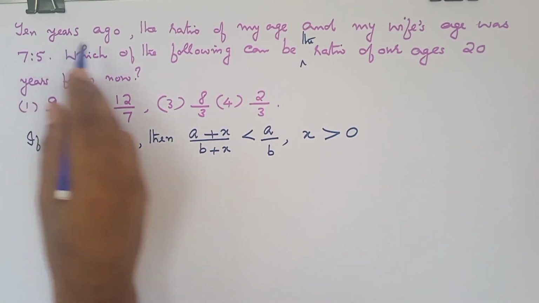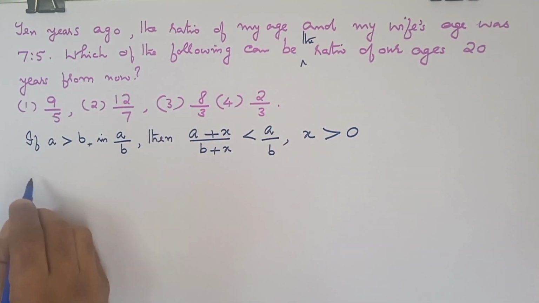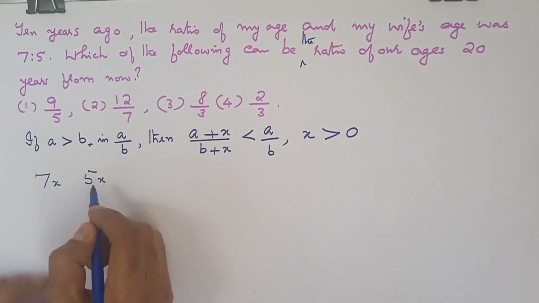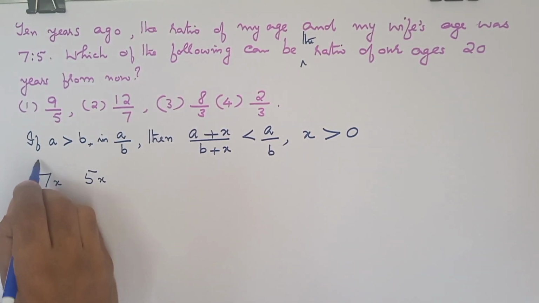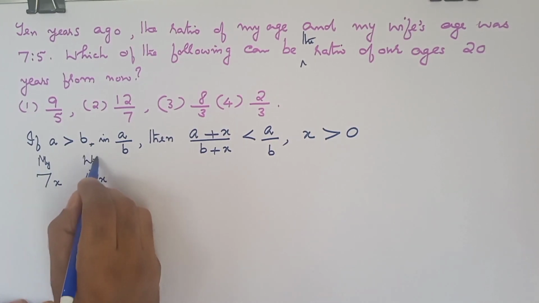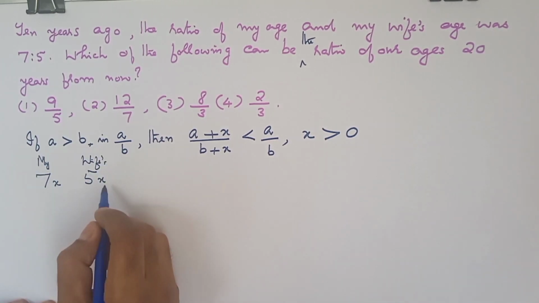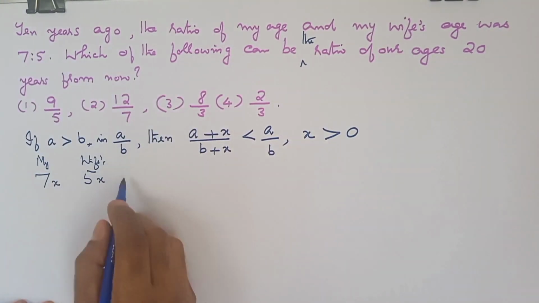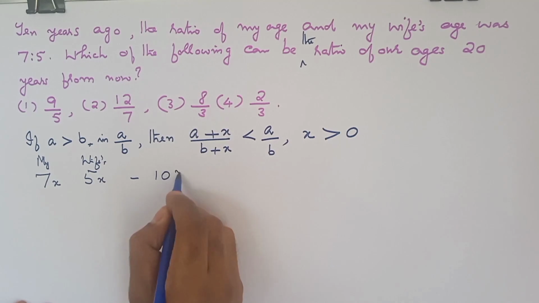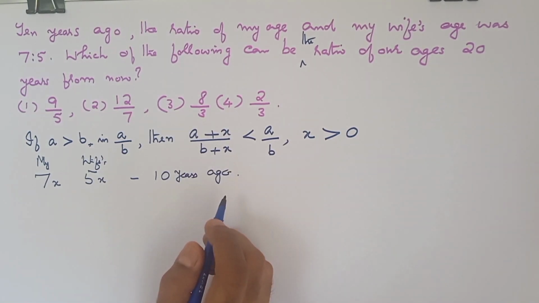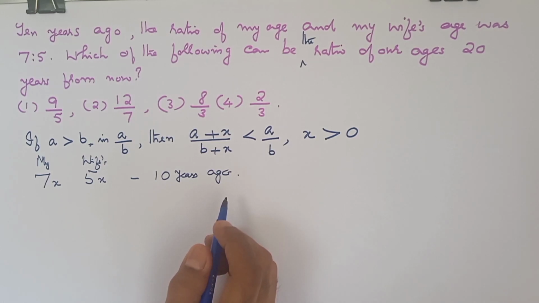Now, what do they say here in the problem? The problem says this is my age and this is my wife's age. How many years ago? Not presently. 10 years ago. And we are looking at the ratio of our ages 20 years from now.